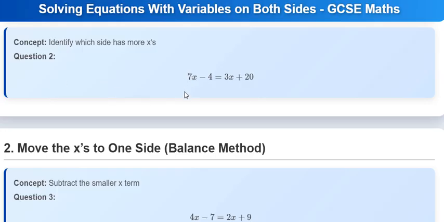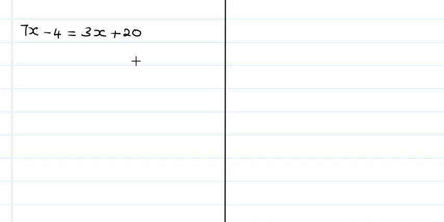This is question 2, where you are given 7x minus 4 is equal to 3x plus 20. As usual, the first step is to group the like terms together. In this case, since I have 7x here, I can take this 3x to the left side, and because it was positive, when it goes to the other side, it will be negative 3x, is equal to this 20 remained here, but now we have a 4 here, which is negative.